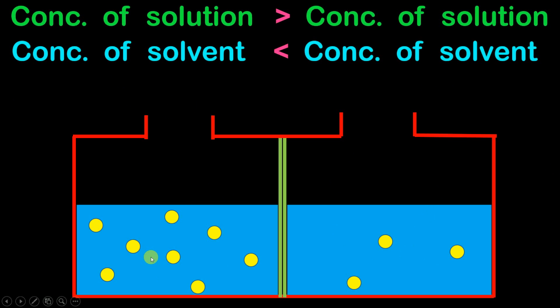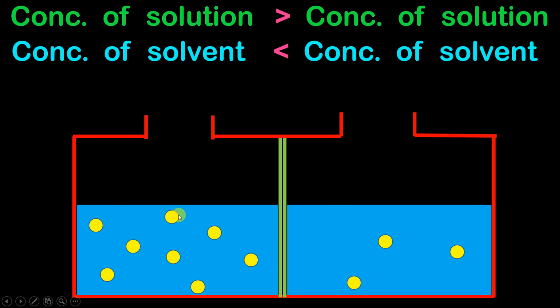Why is it so? Because if you observe, on the right hand side there are very less number of solute and greater number of solvent molecules. Since there are greater number of solvent molecules, therefore the concentration on the right hand side is greater.